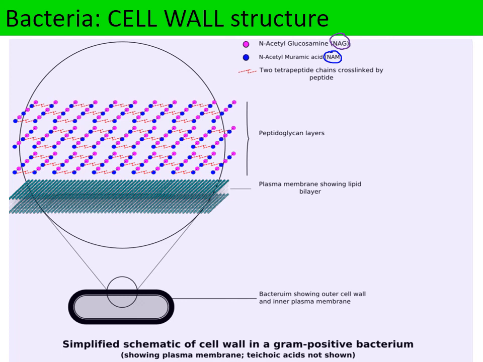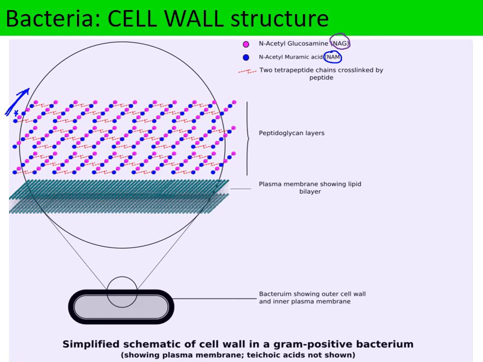Now in the straight polysaccharide chains that you can see here, there's alternating NAG and NAM beta-glucose units. So the blue ones are NAM, and then the pink unit next to it here, that is NAG. So these straight polysaccharide chains have alternating modified beta-glucose units.